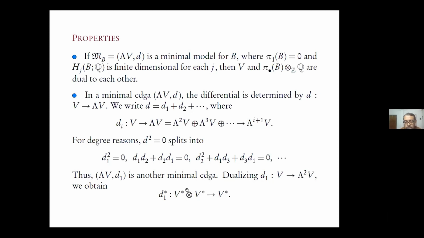If I dualize, what I'm going to get is a graded map that is going to play the role of a Lie bracket, in the sense that it is going to be a graded commutative bracket. The fact that D1 squared is 0 tells me that this D1 star can be thought of as a Lie bracket satisfying the graded Jacobi identity. This is an exercise you can do even in the usual Lie algebra setting: if you have a finite dimensional Lie algebra, a map from G tensor G to G, and you dualize, you get a map from G star to wedge 2 of G star, because the initial bracket was skew commutative.